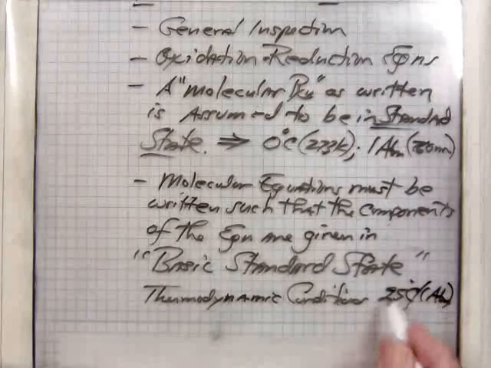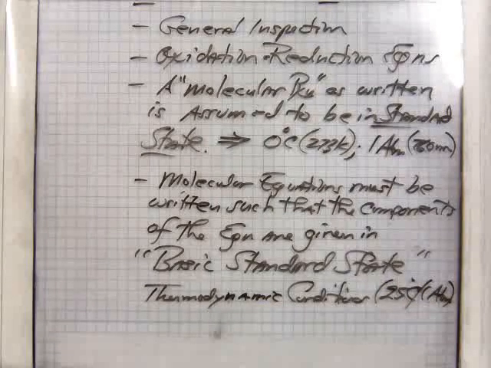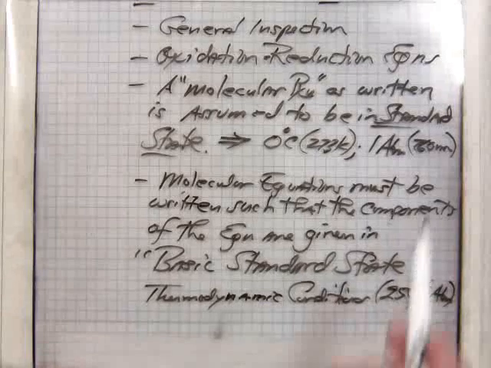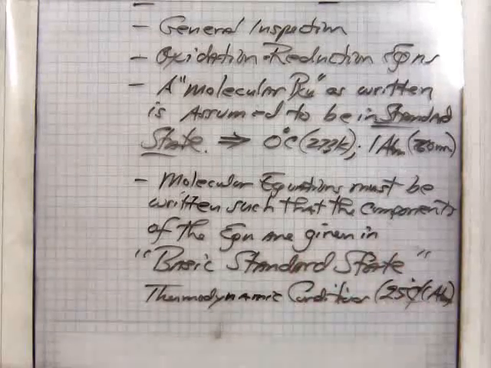Just giving you the fundamental facts on the issue. Now, you won't have to use this number when working initially with the equations, but you will have to use the 0 degrees and 1 atmosphere issue, and I'll cover that at the appropriate time.